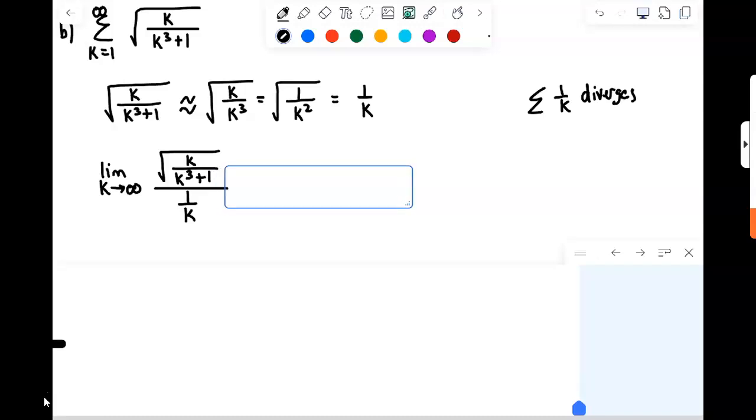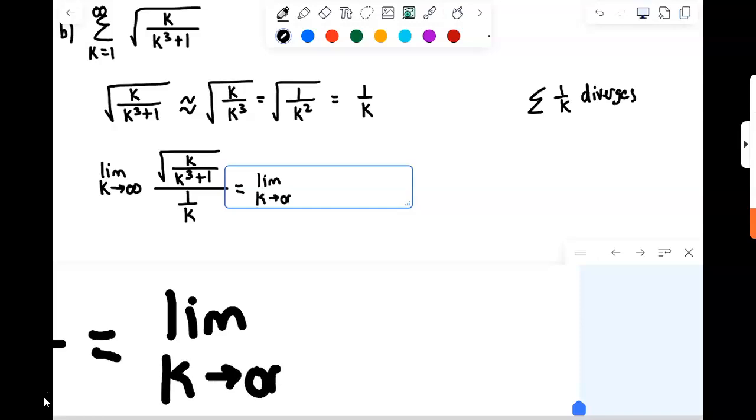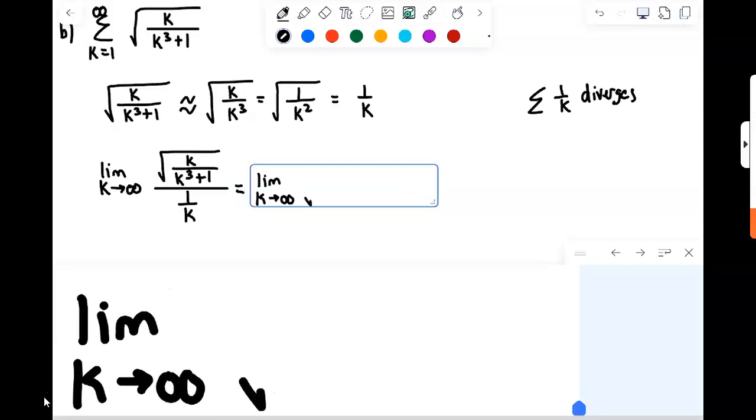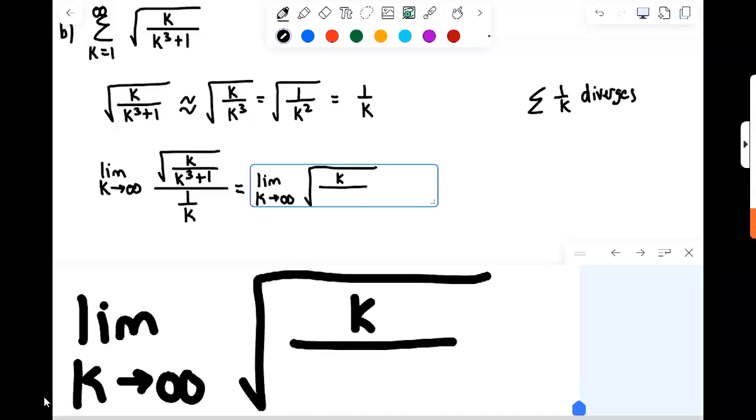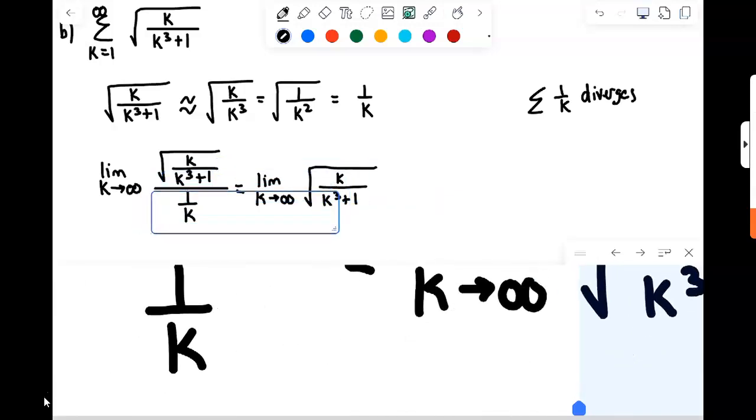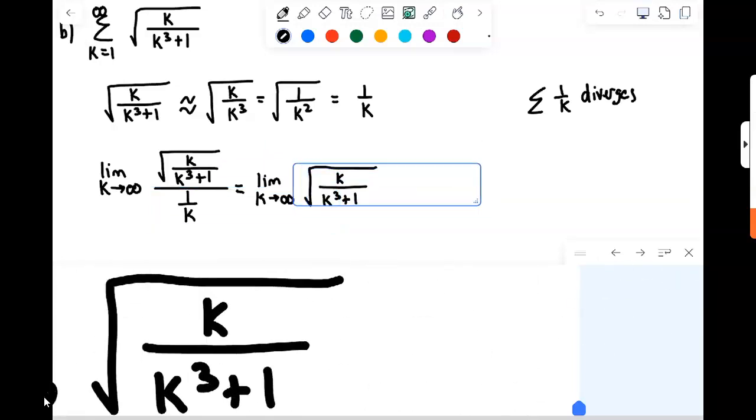So I'm going to do some algebraic simplifying first. Since I'm dividing by 1 over k, that would be the same as multiplying the top by k. But since the top involves a square root, I'd like that k to be able to enter the square root.